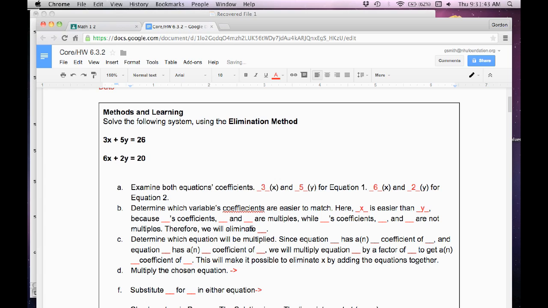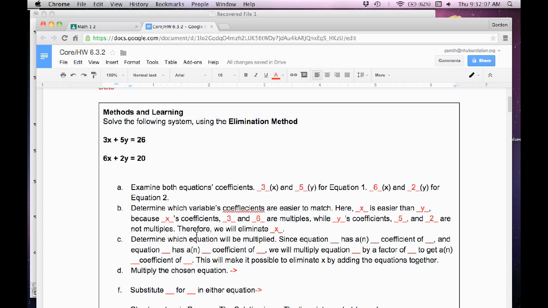than y because x's coefficients 3 and 6 are multiples, while y's coefficients 5 and 2 are not multiples. Therefore, we will eliminate x. We're going to eliminate x by making these match up so that we can add them together and eliminate them.